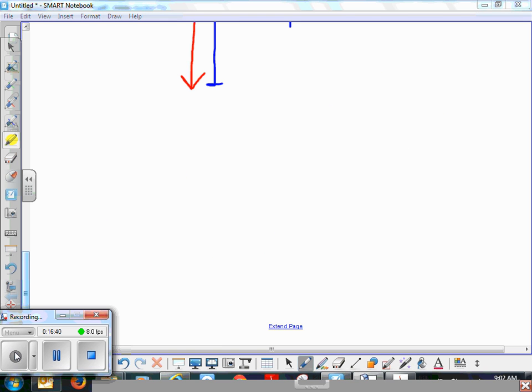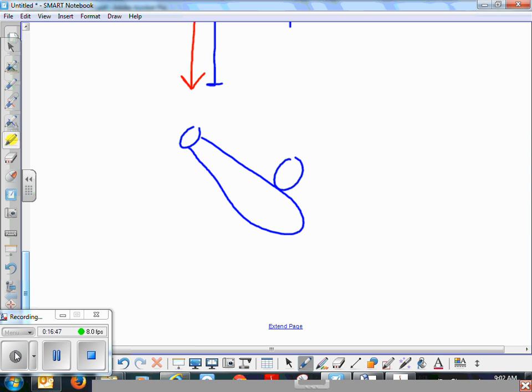A baseball being hit by a bat. Okay, so here's the bat, hitting a baseball. What does the bat always have? The baseball always has force of gravity.